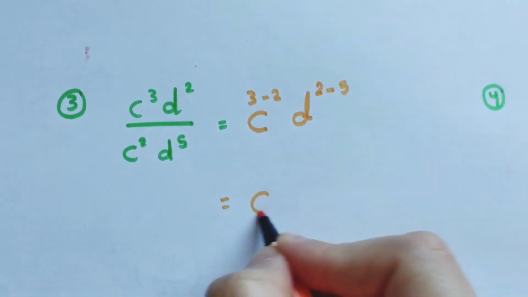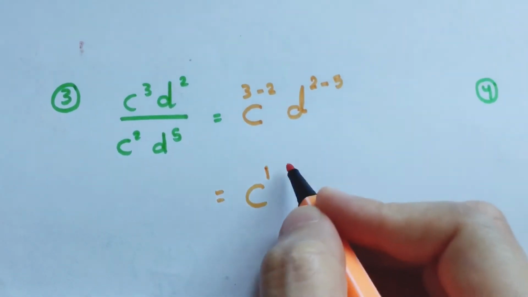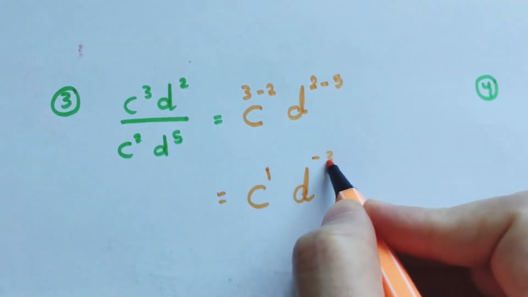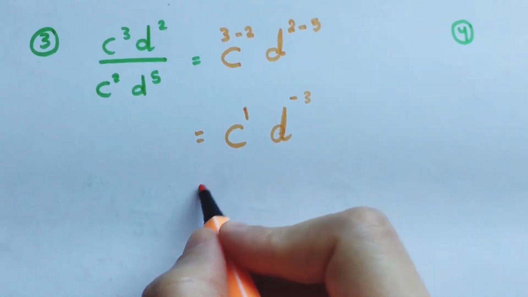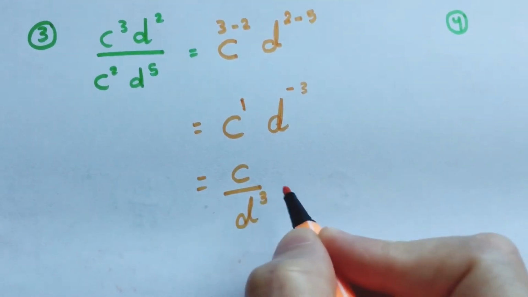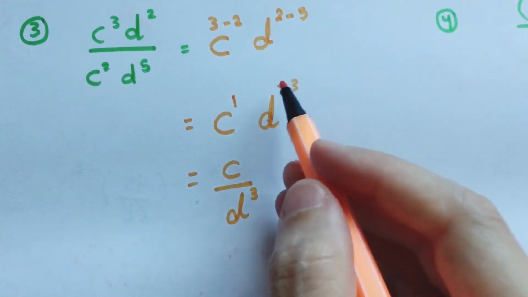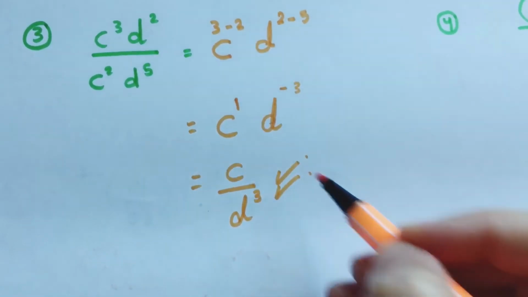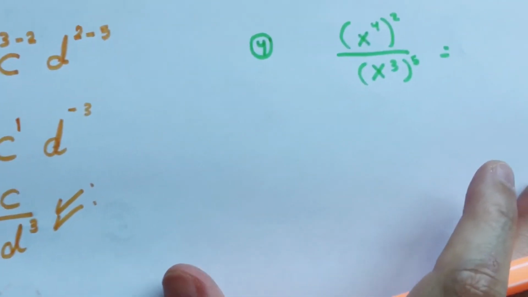Now let's complete. 3 minus 2 is 1, so c to the power of 1, and for d, 2 minus 5 is negative 3. What I will do, I want to keep the c up and the d I will take down, d to the power of 3. Why? To keep it positive, not negative, because here it is a negative exponent. I'm going to change it to positive. Done.